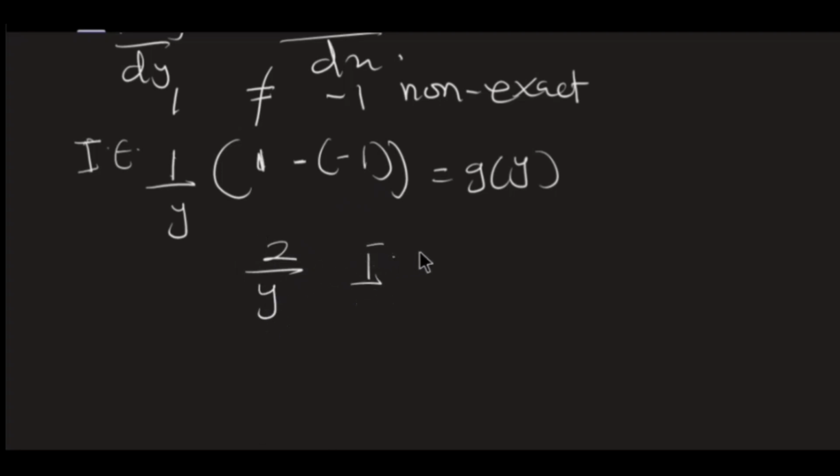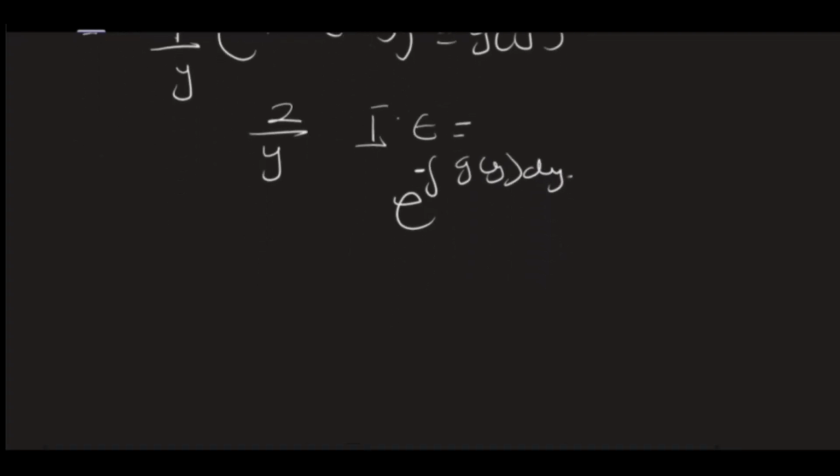So our integrating factor I becomes e to the power of the negative integral of g of y dy. Once we have negative g(y) dy, we just make our substitution.